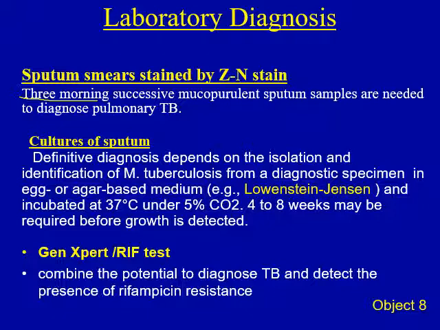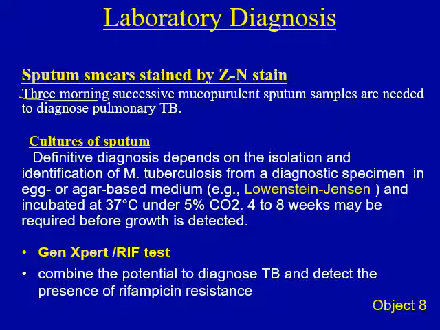The culture of the sputum: the definitive diagnosis depends on the isolation and identification of the Mycobacterium tuberculosis from the diagnostic specimen in egg or agar-based medium. So I read this from Dr. Sumaya.